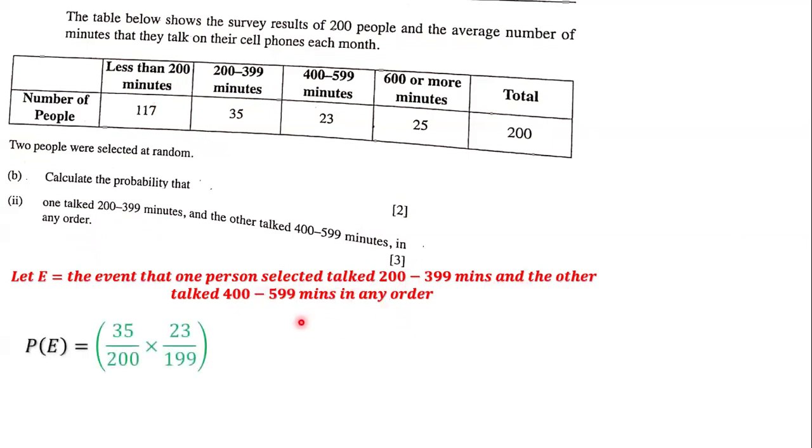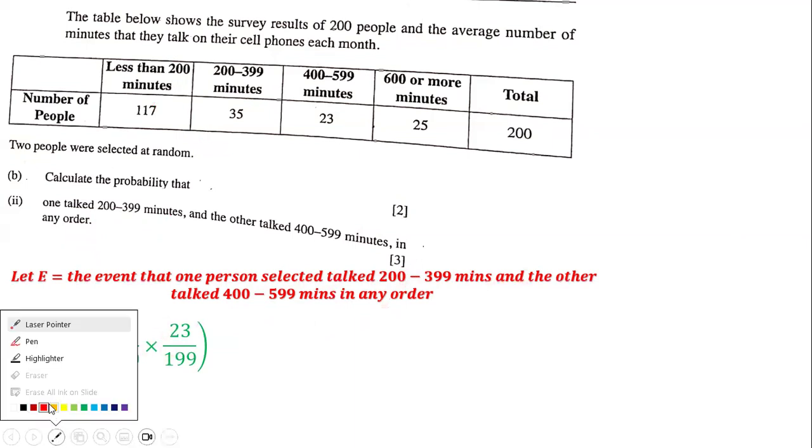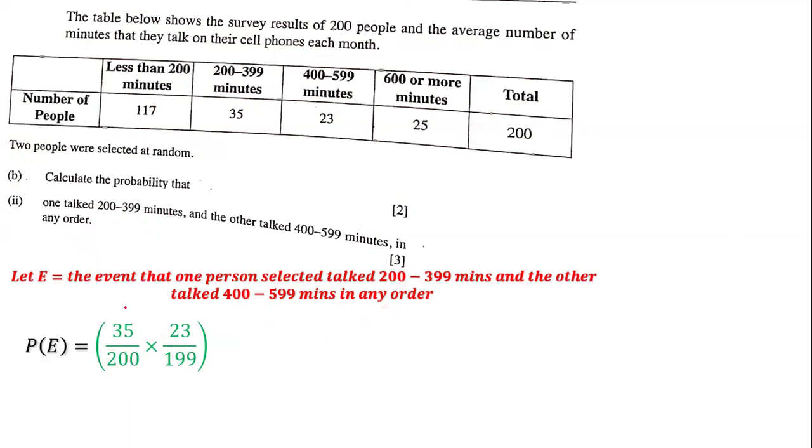And so what we're going to do is say, okay, what's the order we're going to choose from first? Let's let the first person selected be from the 200 to 399 minutes mark.